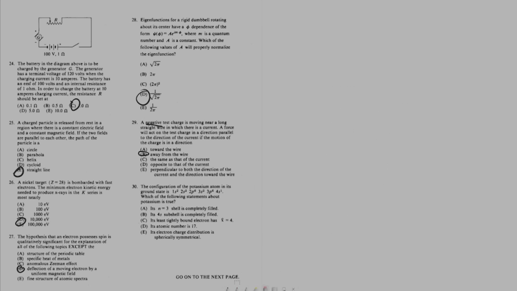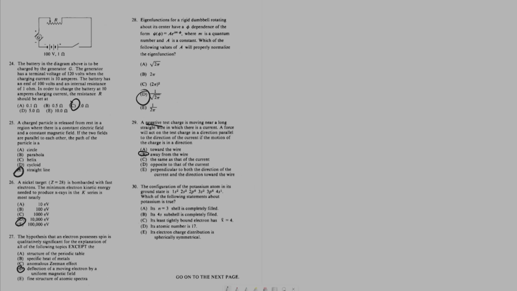Now on to the next one. There we go. The configuration of the potassium atom in its ground state is that list of numbers and symbols. Which of the following statements about potassium is true? The n equals 3 shell is completely filled.